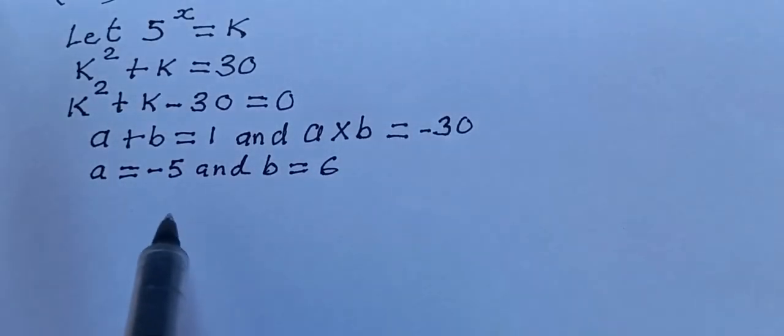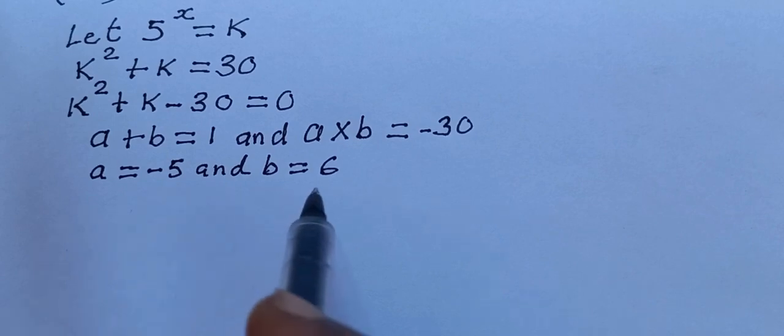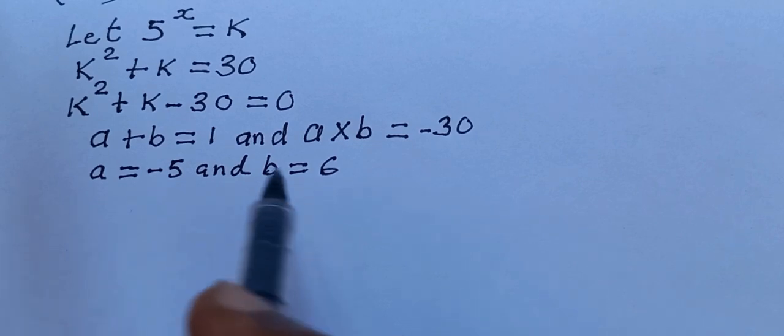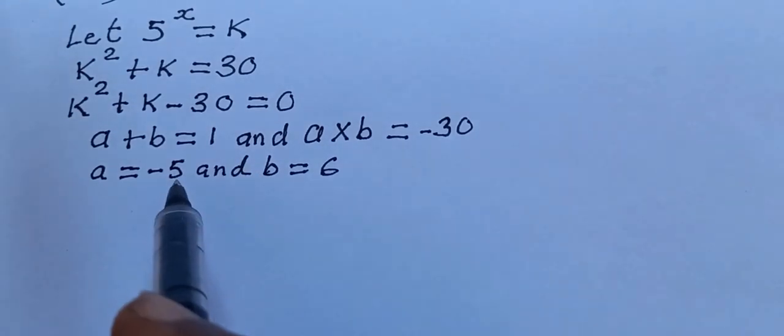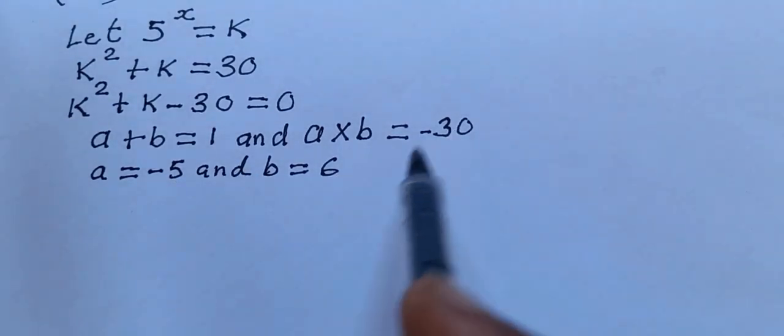We know negative 5 plus 6, the answer is 1. And then negative 5 times 6, the answer is negative 30.